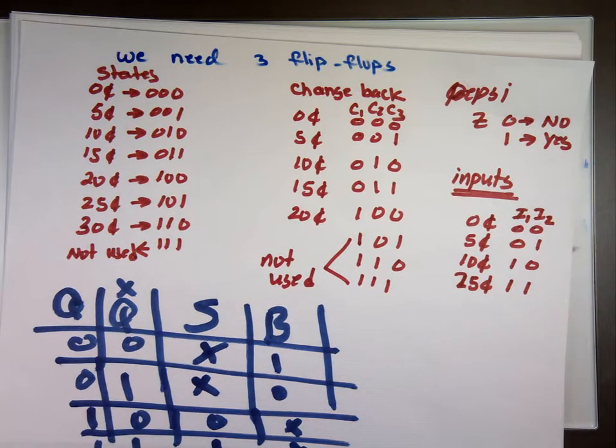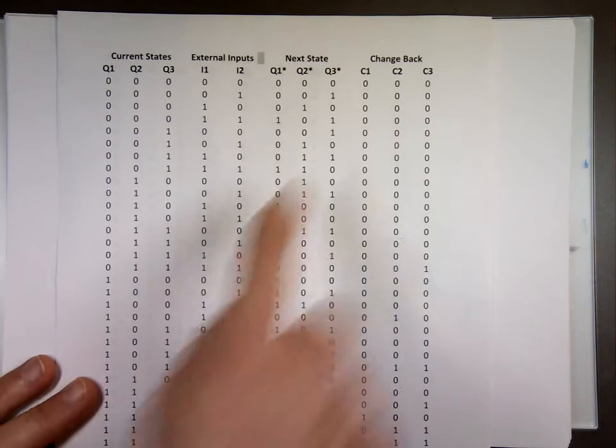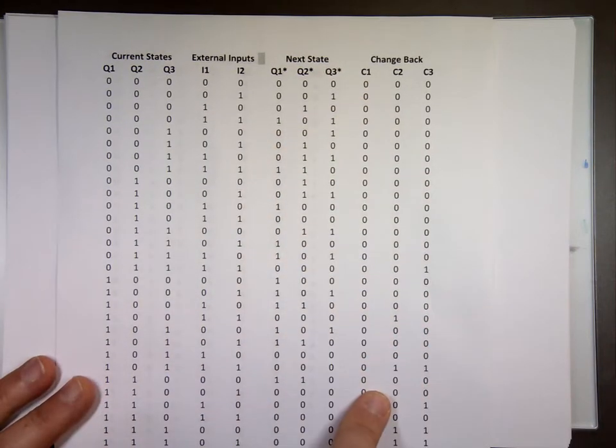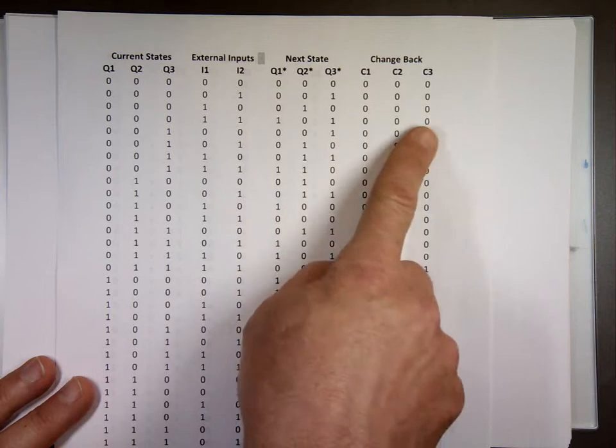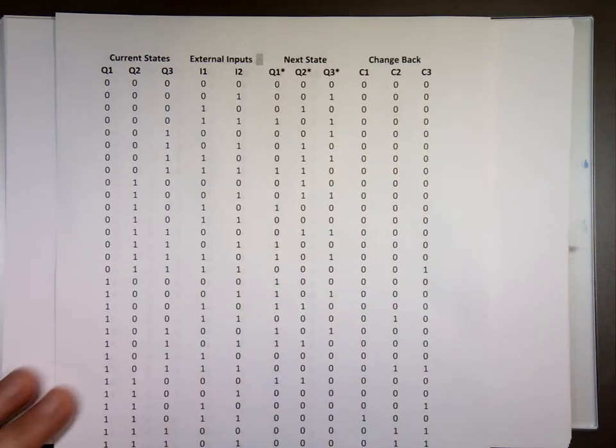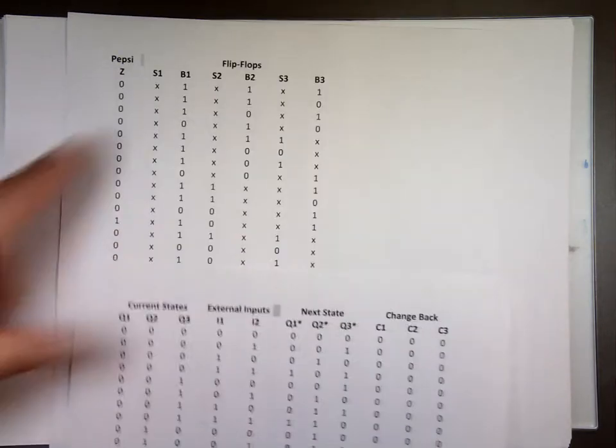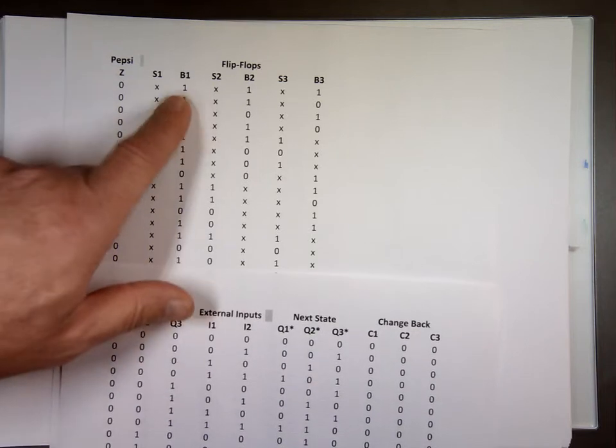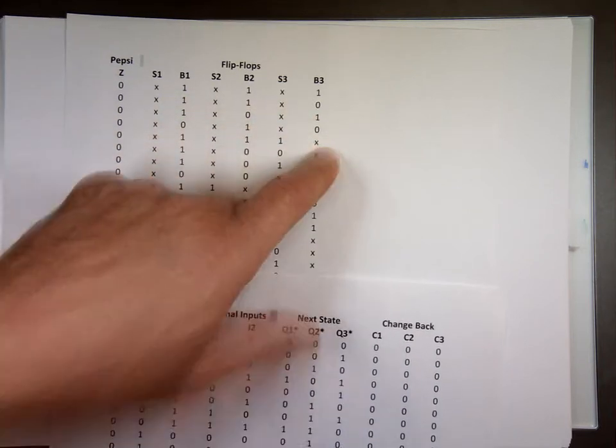This is the excitation table for it, and we used it, and we came up with this truth table. Now our job is to design a circuit for change back for C1, C2, and C3, and also for the Pepsi and the inputs to the 3 flip-flops.